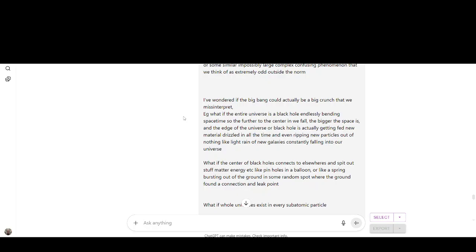Again, a very simplistic interpretation, but I was told that gravity bends space-time. I don't exactly know what that means exactly.